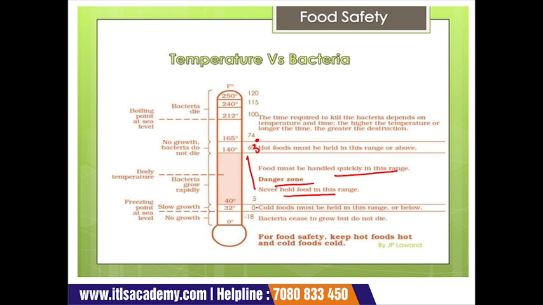Now 0 to 5 degrees Celsius, cold food must be held in this range. Okay, like your milk, curd. Now we have to put the food below minus 18 to minus 22 degrees Celsius.